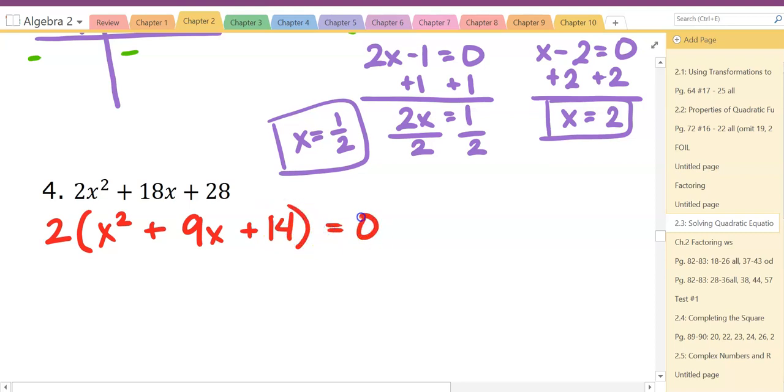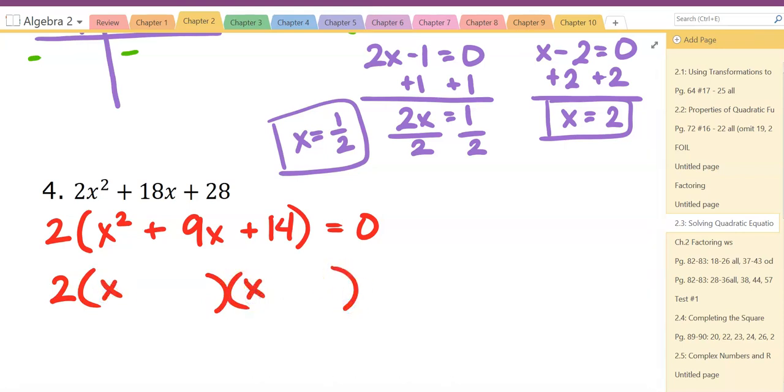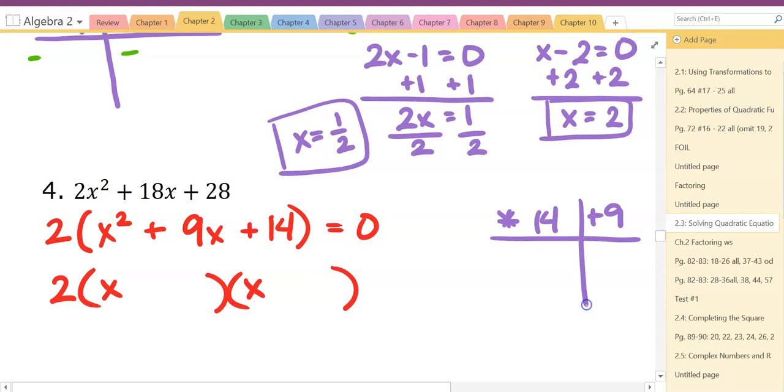And I'm going to go ahead and write equals 0. Now look at what's inside the parentheses. x squared plus 9x plus 14. That should be easier for us to factor now, because it's going to be able to have an x in each. And then what you're looking for, like if you create your chart, is two numbers now to multiply to 14 and add to 9. So if you can pull something out like that to make it an easier factoring problem for you, I would do that.